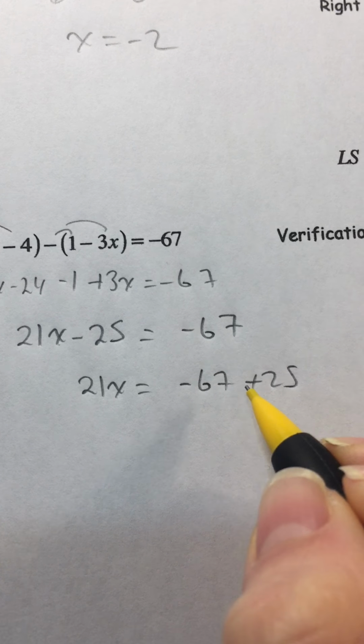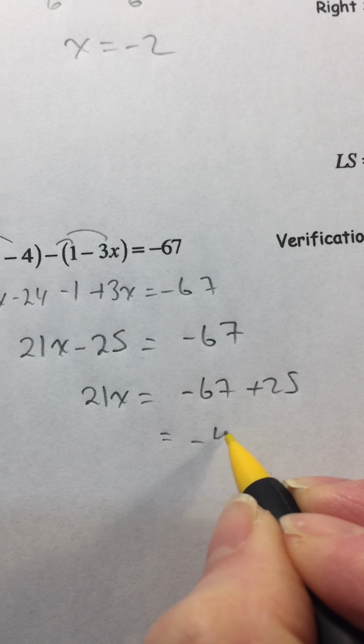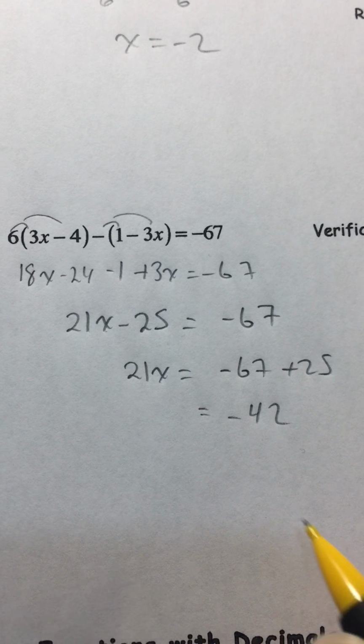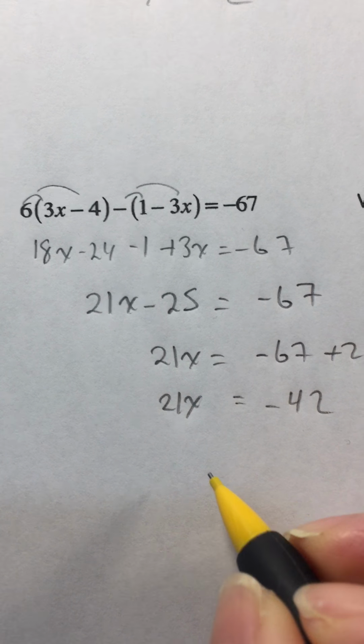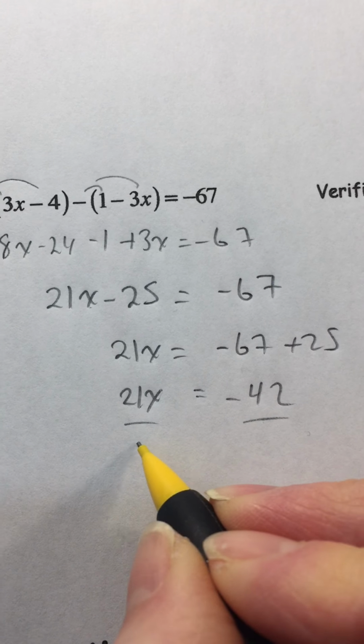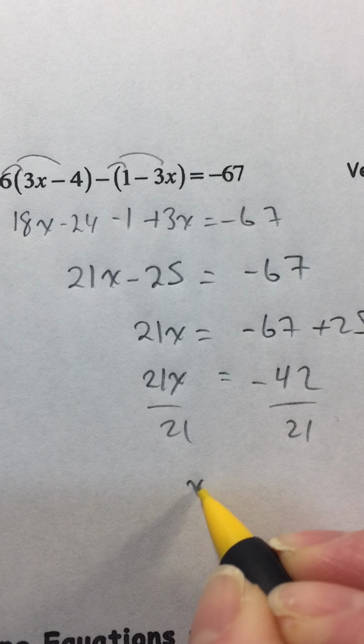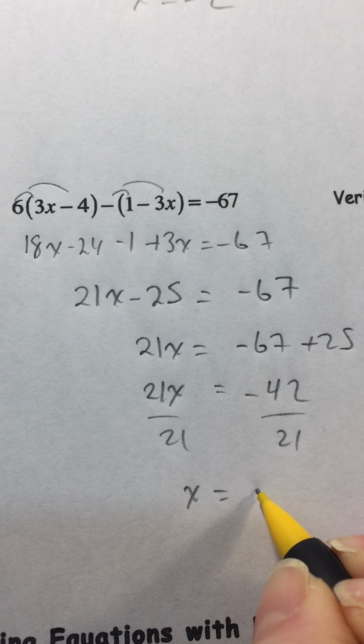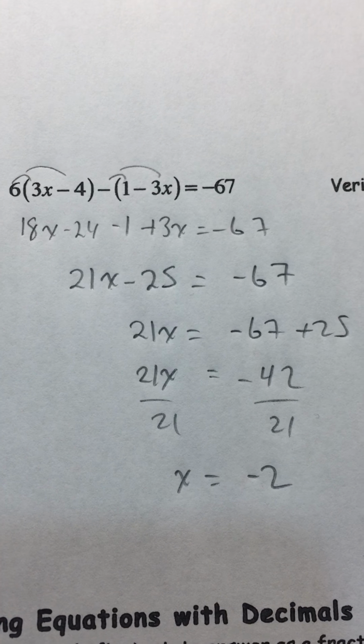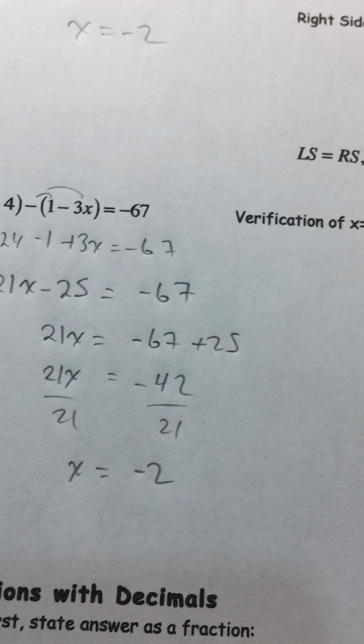So down 67 and then up 25 is the difference. -42. 21x. And then divide off the coefficient. -2. Okay, happens to be the same answer.